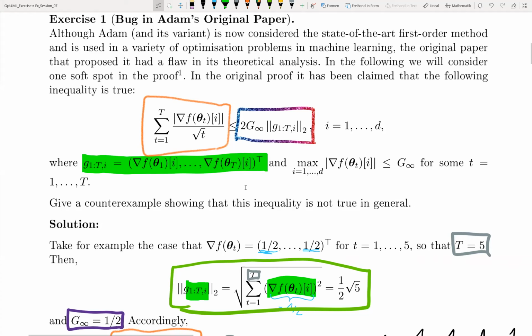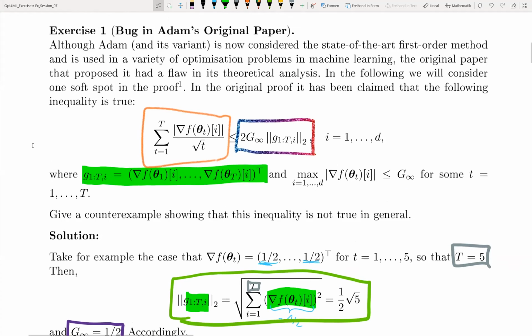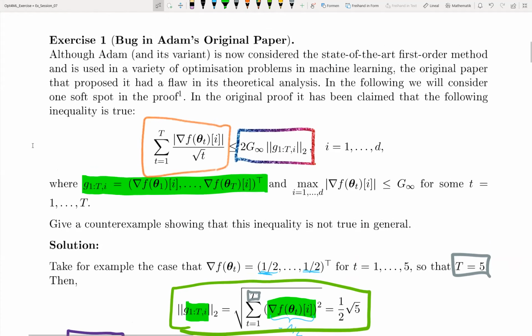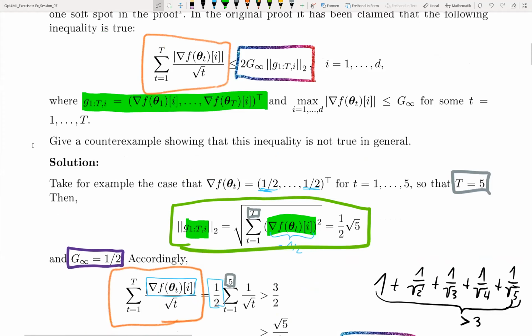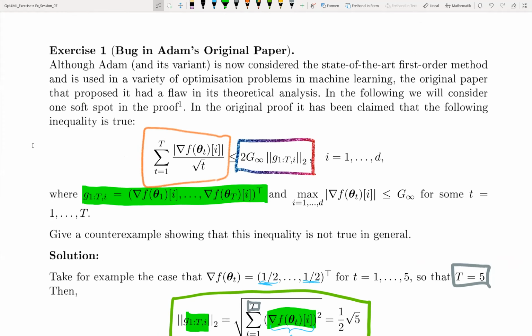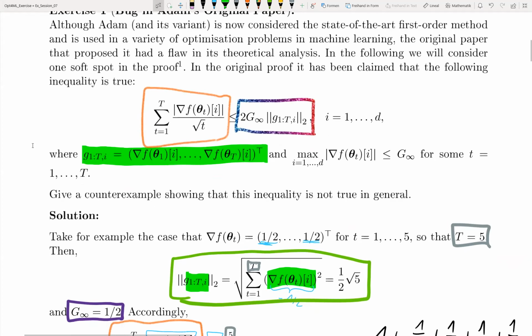And as I said, it took a while after the proposal of Adam that the bug has been fixed a bit differently. So one variant I showed you in the lecture with this more or less very complicated assumption we had. This is how you can fix the convergence issue of the Adam optimizer.